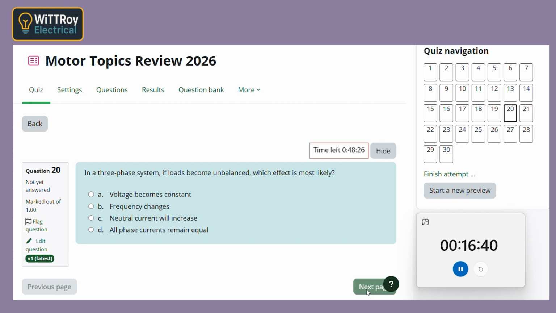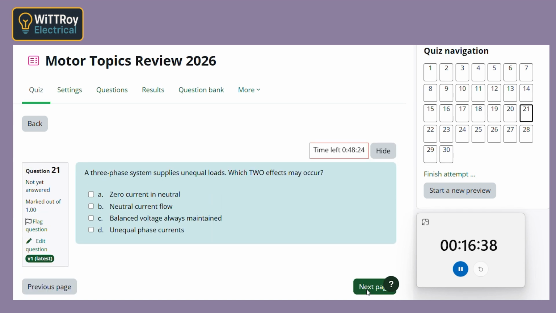That's why the option saying all phase currents remain equal is wrong. If the loads are unequal, the currents are not equal. And "voltage becomes constant" is not really answering the actual effect. Yes, and it is misleading. "Frequency changes" is also wrong because load unbalance does not change system frequency.